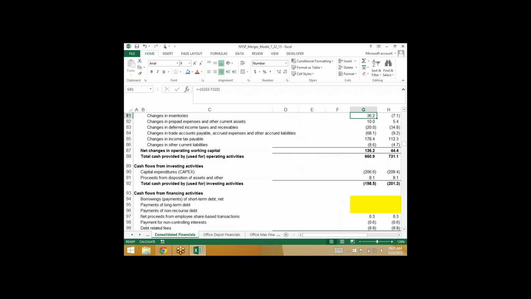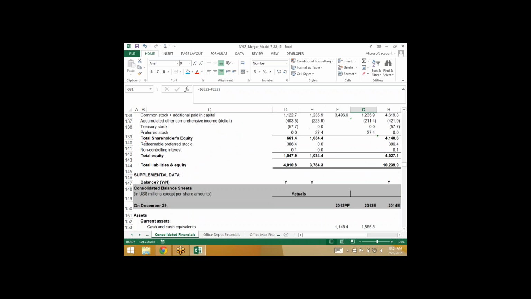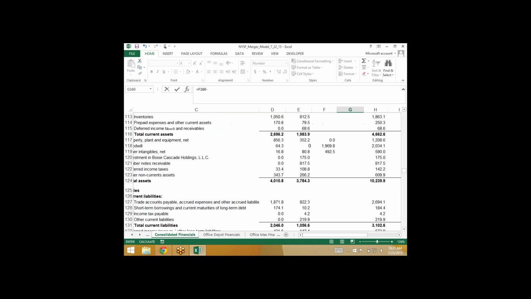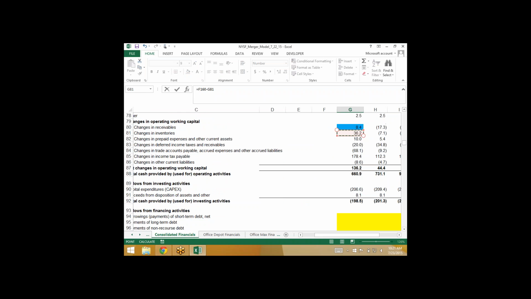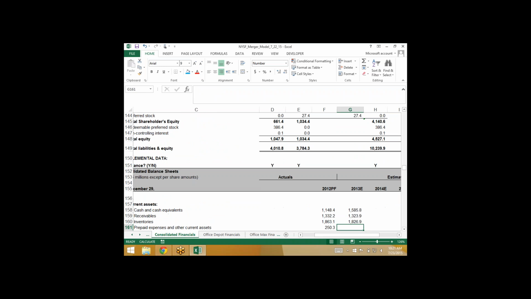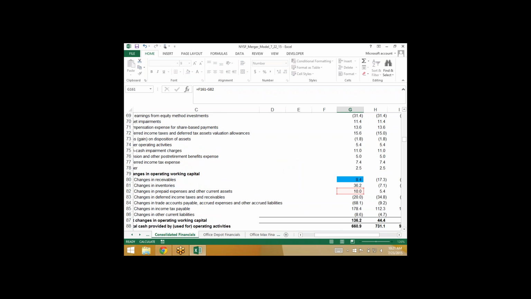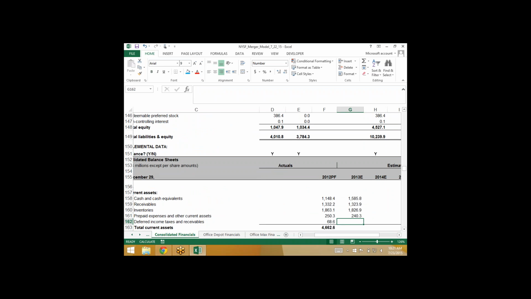Next, inventories comes from inventories. So the individual working capital line items come from working capital. So this is going to be the year before minus the inventory. Pretty straightforward. And prepaid expenses is the year before minus the prepaid expenses, right? So I think you guys are familiar with that. And then deferred income taxes.